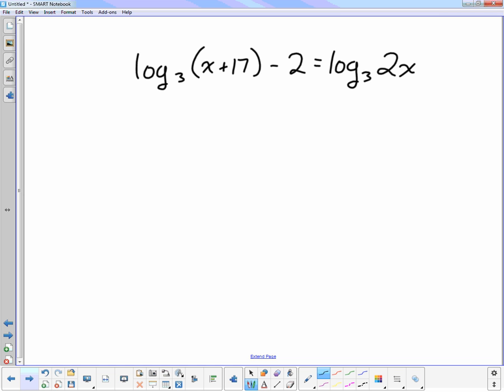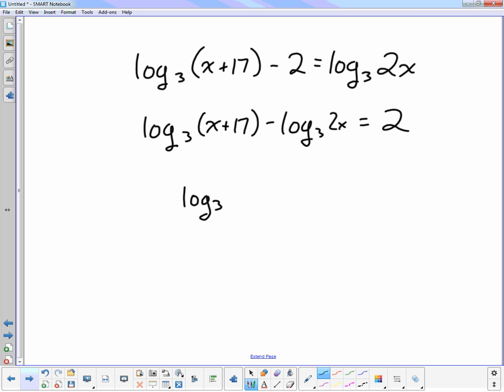So here, you want to get all your logs in one place. Just like all of your x's, you want them all in one place, you know? So we can do this. And now the subtraction becomes a division. And now you either apply the first rule of logarithms, or you can apply the seventh rule of logarithms.